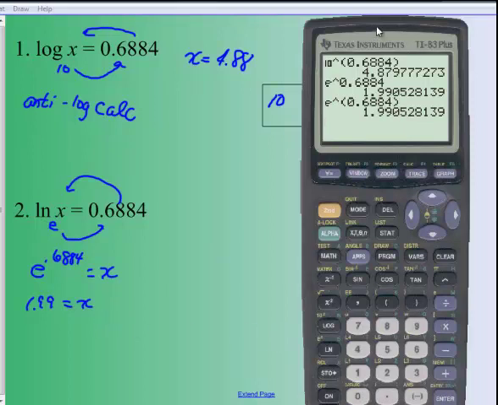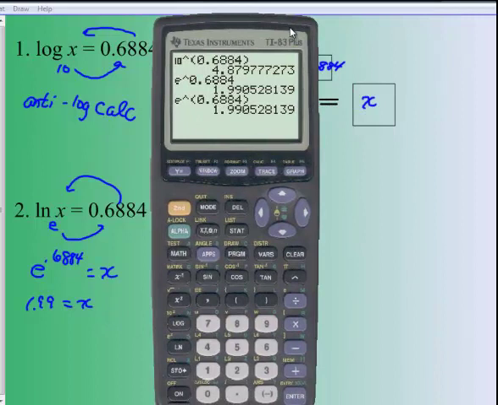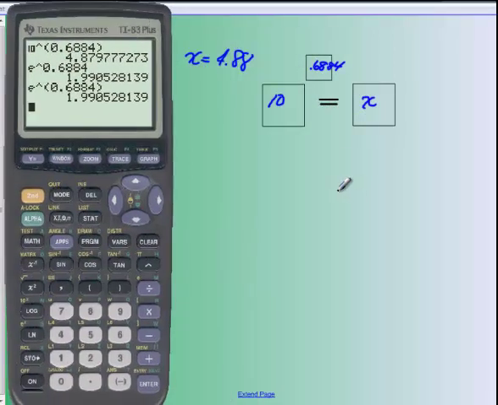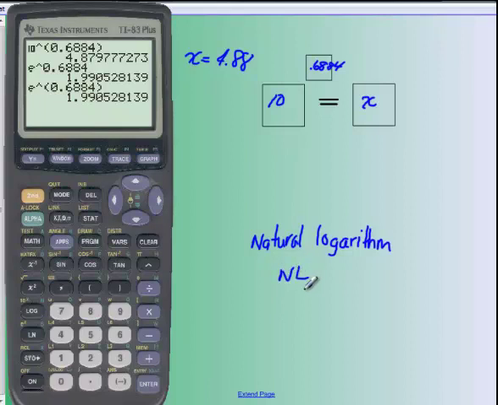All right. Oh, and by the way, let me just give you another little fact about natural logarithm. We're sitting here saying natural logarithm. You would think that if we looked on the calculator, it would say NL, but it doesn't.